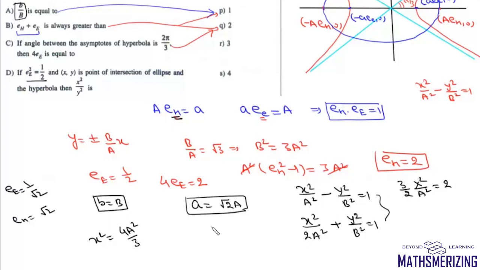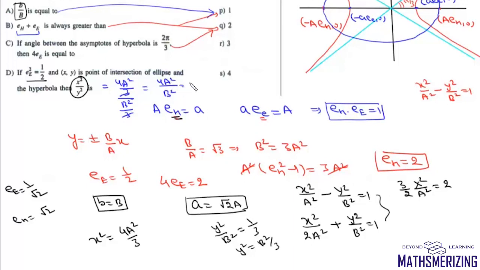Then we can get y square upon B square, and it will be 1 by 3. Then the value of y square will be B square upon 3. Now we need to find the value of x square upon y square. Now x square upon y square will be 4A square upon 3 divided by B square upon 3, and it will cancel. So it will be equal to 4A square upon B square.